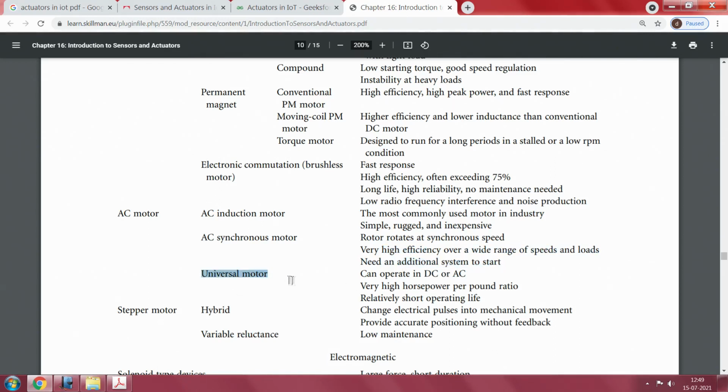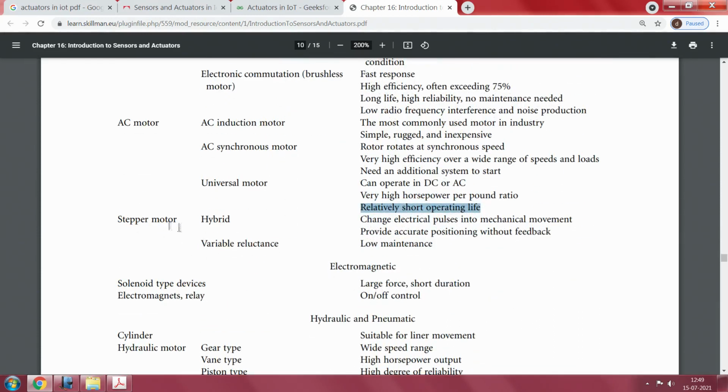You also have what are known as universal motors, which can operate on DC and AC, with very high horsepower and a relatively short operating life. Then you have stepper motors, used in several old dot matrix printers, or floppy disk drives in computer hardware.